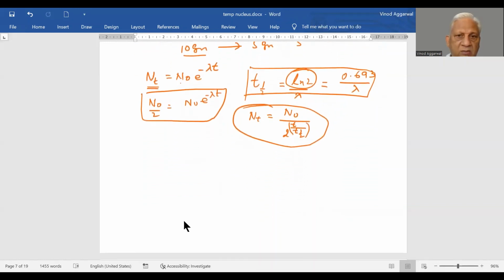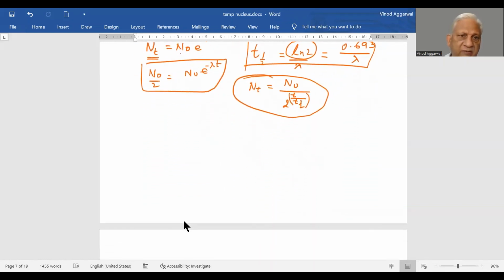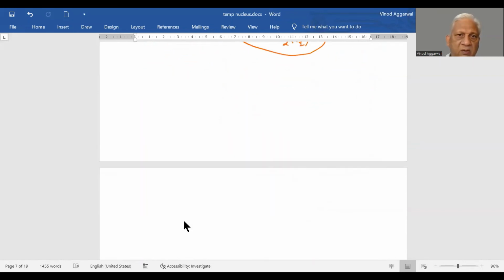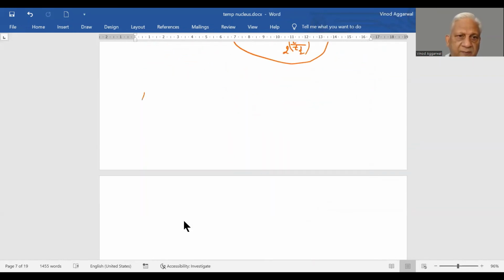Now, similarly, we can find out the average life. We know dN by dt is equal to minus lambda N. This was our basic equation.